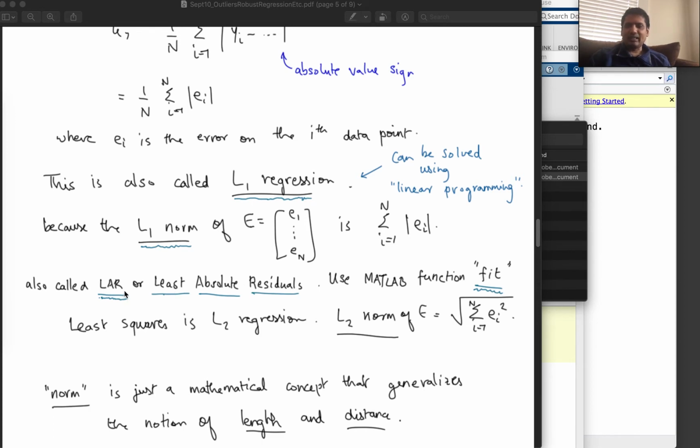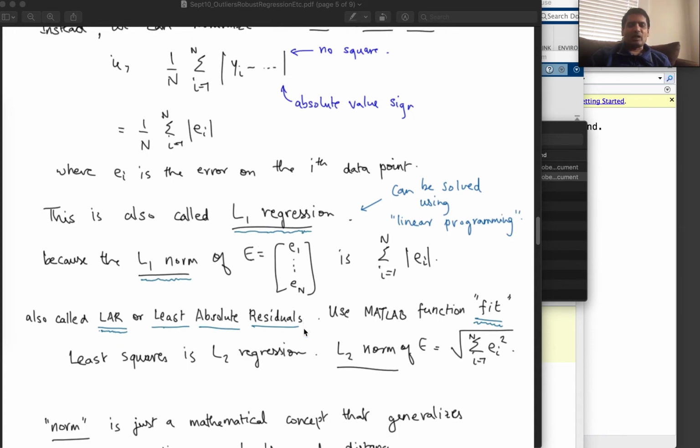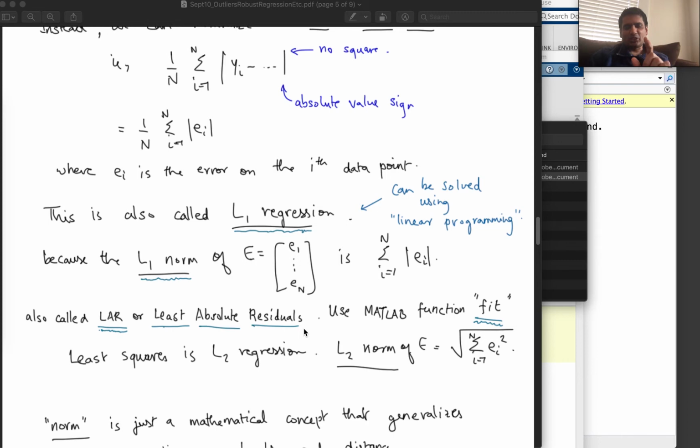So it's called the LAR model or the least absolute residuals model or regression or L1 regression. It's called various things. If you want to use MATLAB, the function called fit allows you to do this kind of regression. I'll show you my own version of L1 regression that I provide a program for that you can use as well in a MATLAB demo.